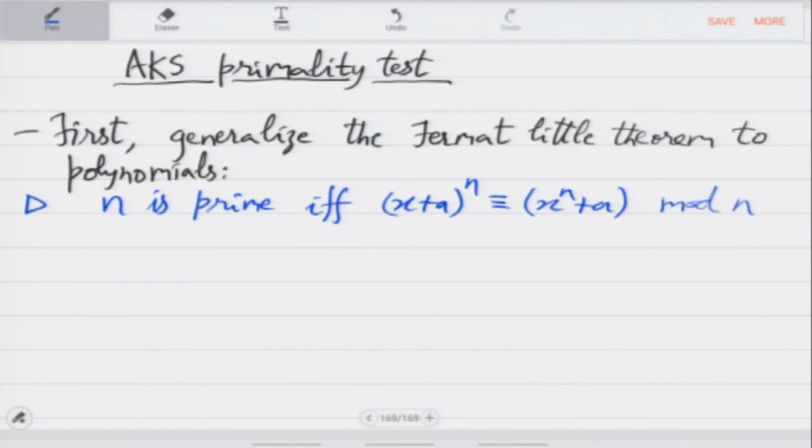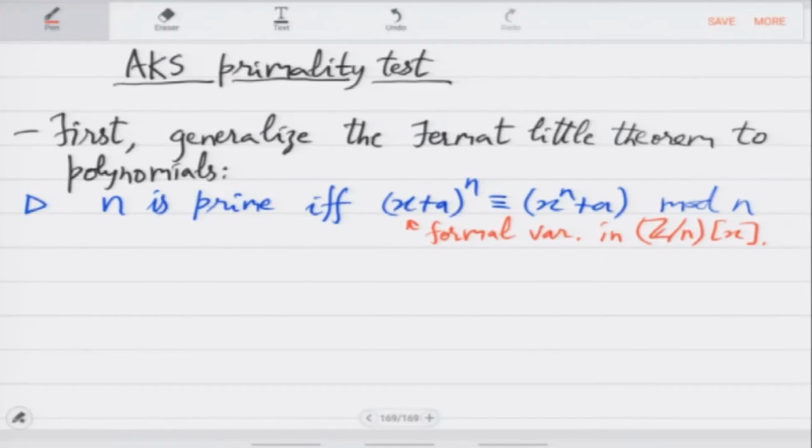And what is x? X is not a number, it's a formal variable in the polynomial ring mod n. So if (x plus a) to the n is x to the n plus a, then n is prime, and if n is prime, then this is true.